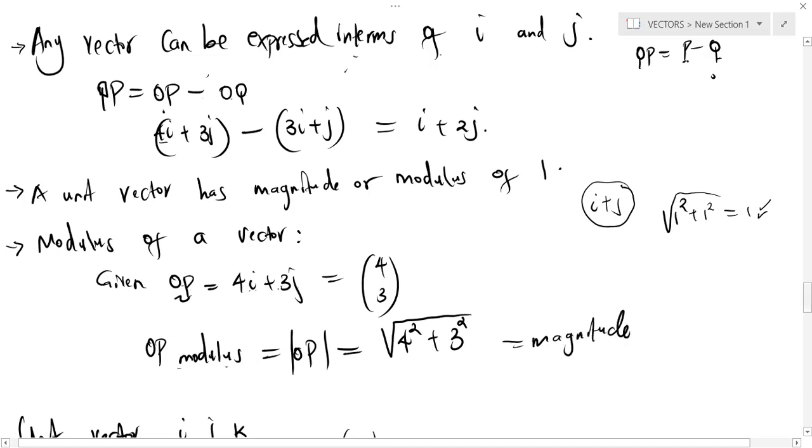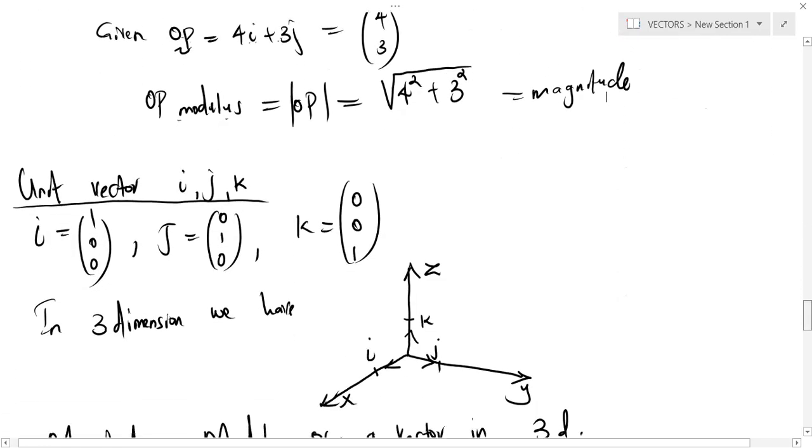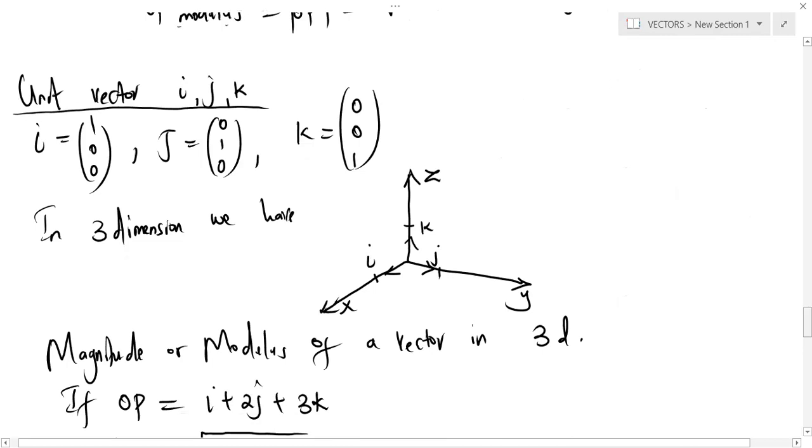Okay, fine. Now let's look at unit vector ijk. Now that is in 3D. Now i is basically represented on the x-axis. So if we have x, y, z, i is on the x-axis representing 1, 0, 0, j on the y-axis represented by 0, 1, 0, and k on the z-axis represented by 0, 0, 1.